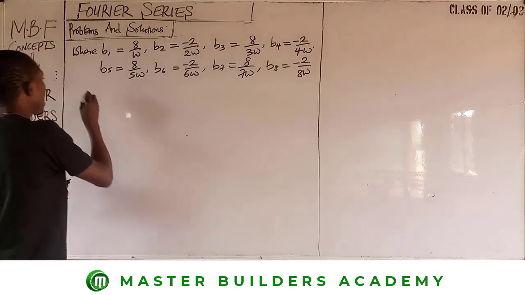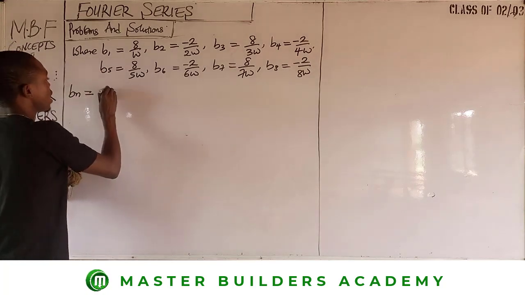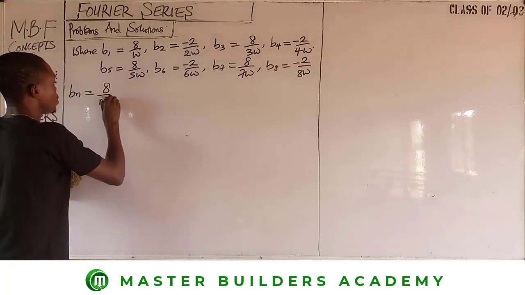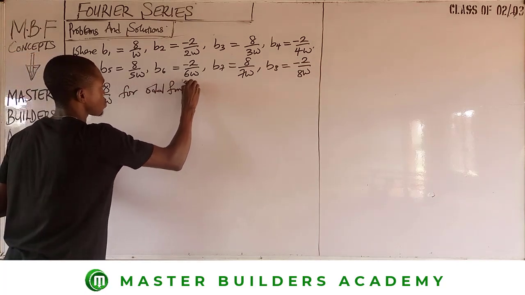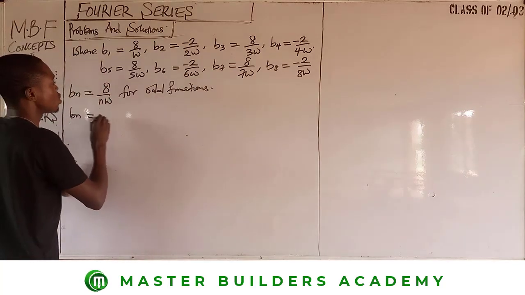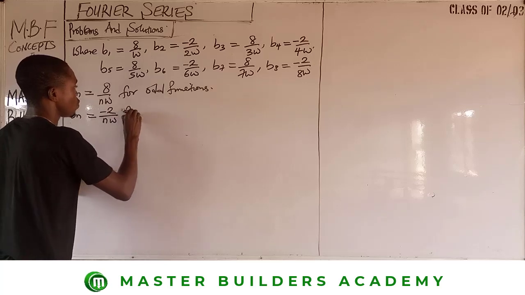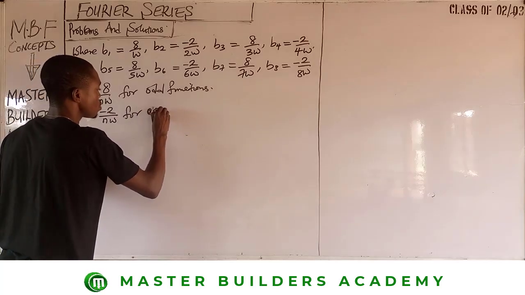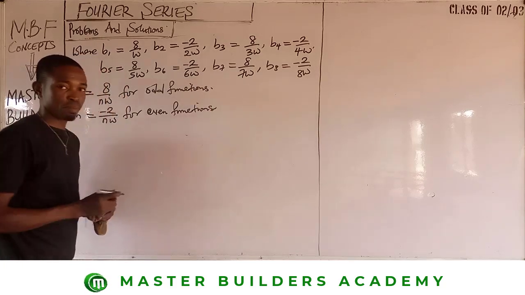So that means I can say that bn is equal to 8 over nw for odd values, and bn is equal to minus 2 over nw for even values. Are you there?